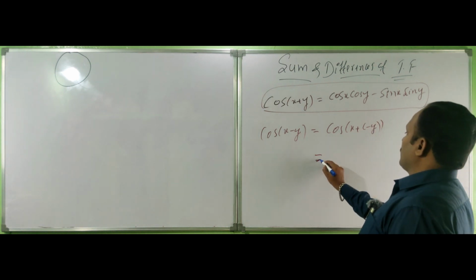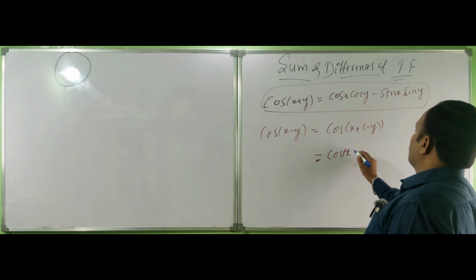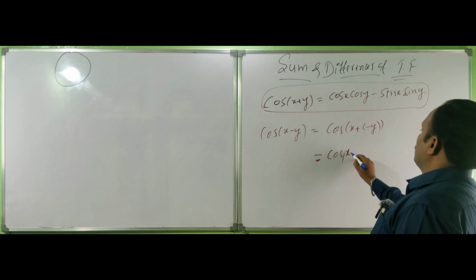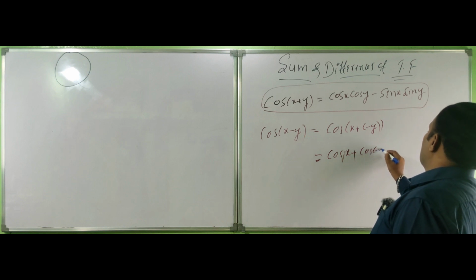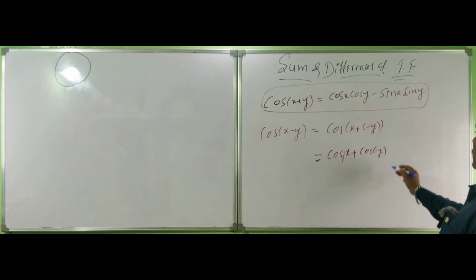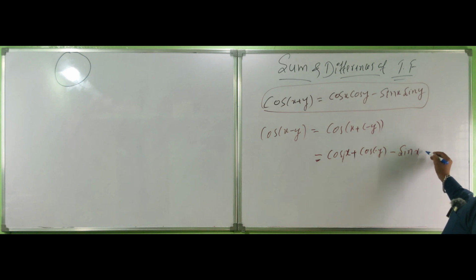So for x I am writing cos x, plus for cos y I am writing cos of minus y, minus sin x, and for sin y I am writing sin of minus y.